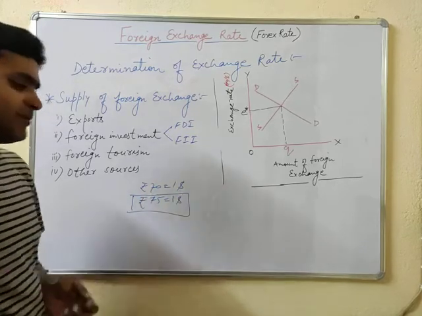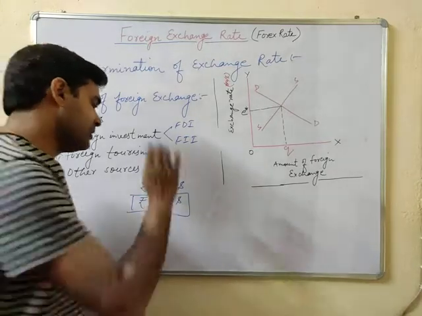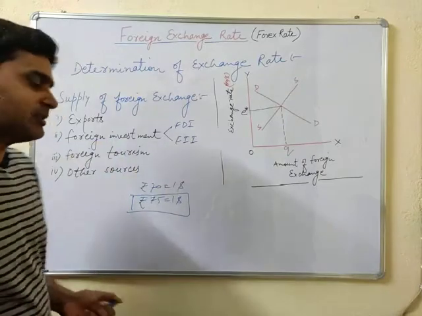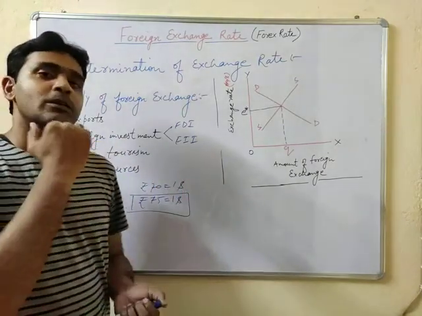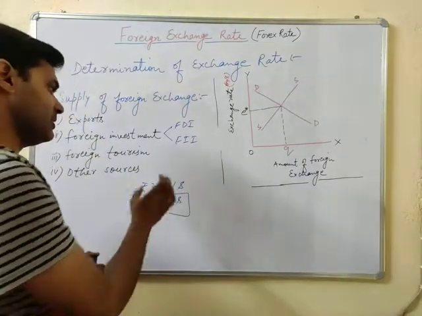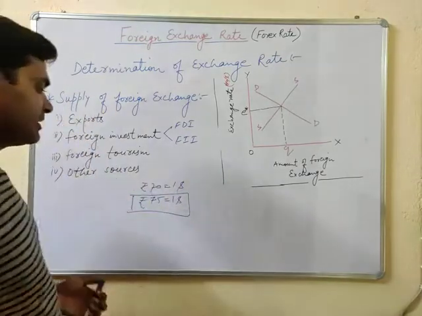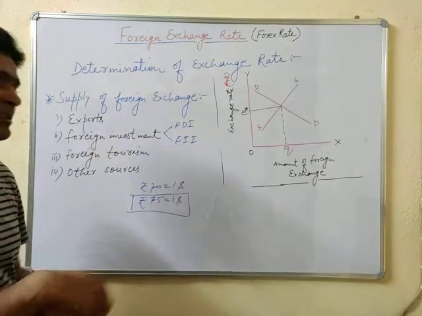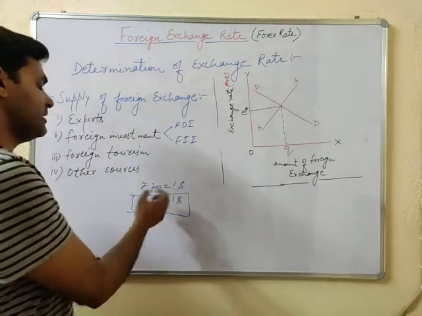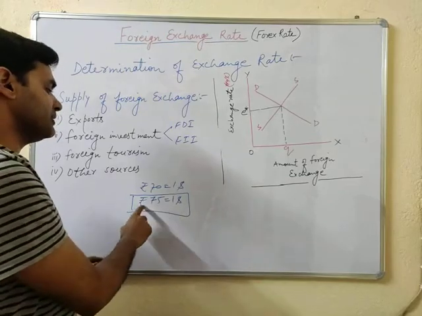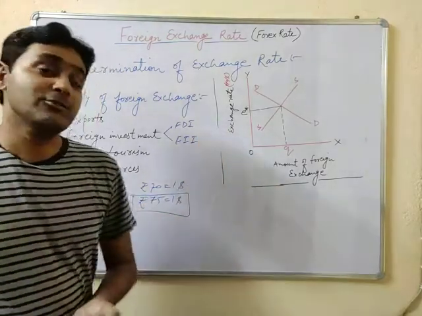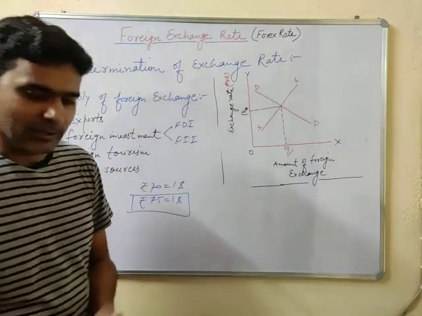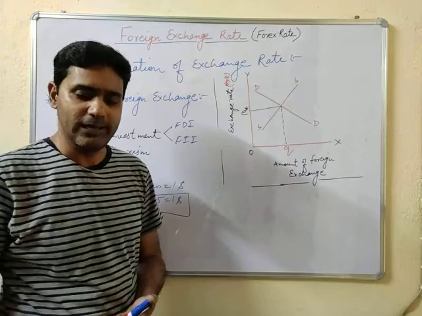It means that now the Americans will be able to buy more Indian products with the particular amount which they were spending earlier. So our exports will increase, and the inflow of foreign exchange will also increase, because of this increased exchange rate. So that is why it shows the positive relationship between price and quantity of supply of foreign exchange.